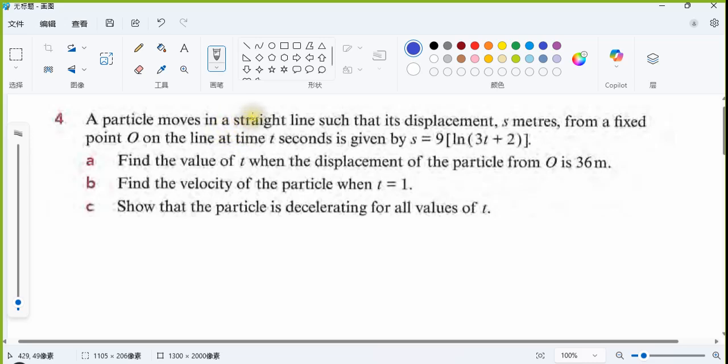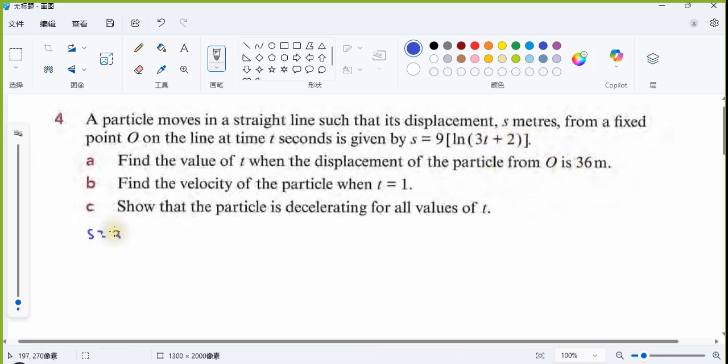A particle moves in a straight line such that its displacement s meter from a fixed point O on the line at time t second is given by s equal to 9 ln(3t plus 2). Find the value of t when the displacement of the particle from O is 36.